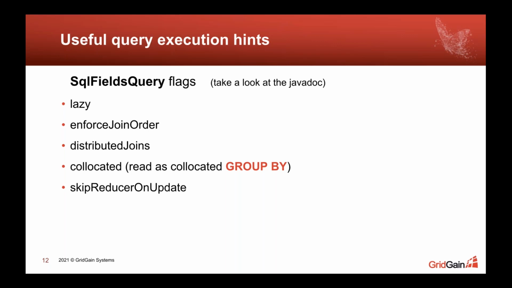Enforced join order prevents the query optimizer from changing an order of joins. Sometimes you can know better, but not always, but sometimes. Distributed joins: by default, there is an assumption that everything is collocated, like we discussed on the previous slide, and it's okay to join locally between tables.